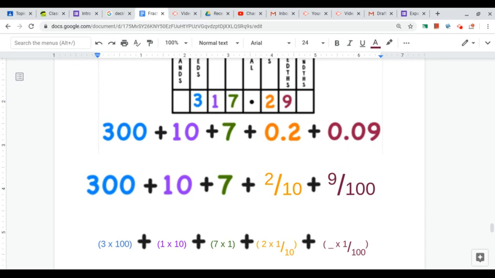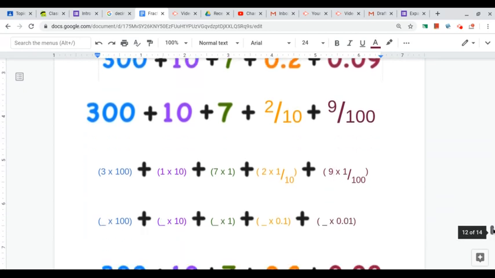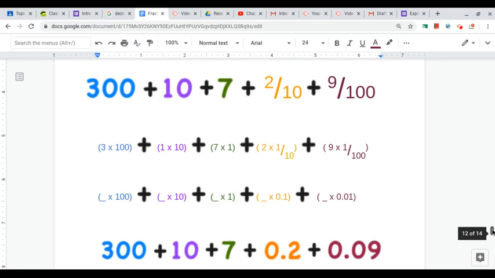I left a little blank one. And obviously I look up above. What number is in the hundredths place? It's a 9. This would be the expanded form. And with multiplication and addition, these are plus signs in the middle. You're adding these all together separately. That's with fractions. And then now with decimals, I'll show you that same thing.